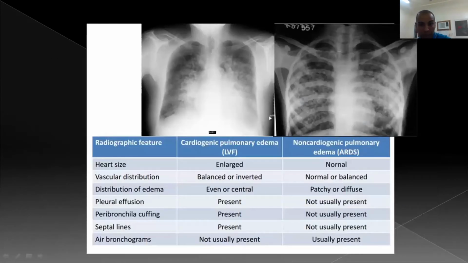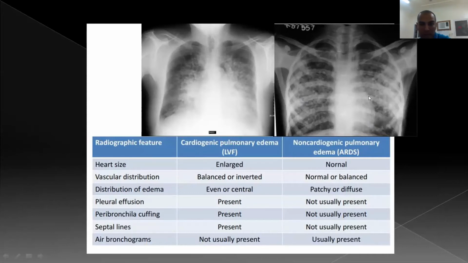Here we have two images. On the right side, this is cardiogenic pulmonary edema, and on the left side, non-cardiogenic pulmonary edema. How can we differentiate? The vascular distribution, yes, you are right. This one has distended upper lobe vessels. It does not appear here.